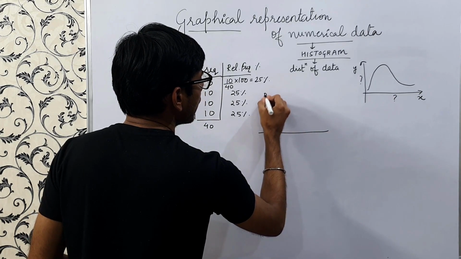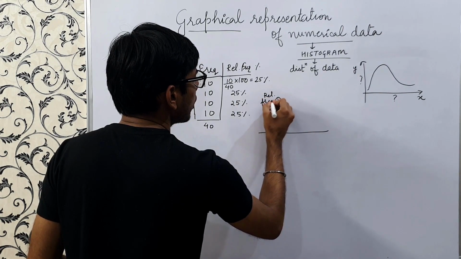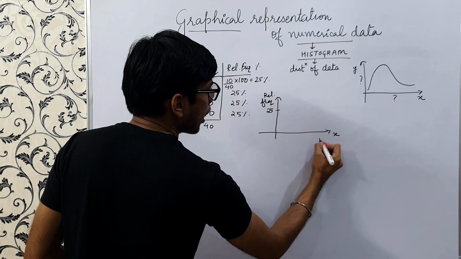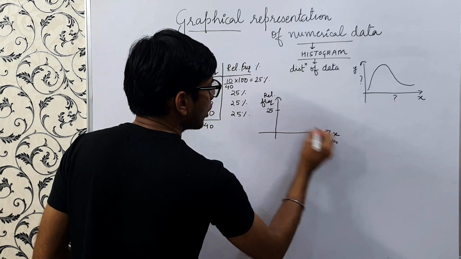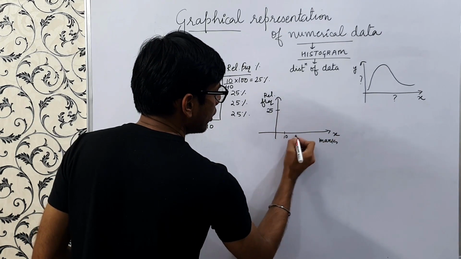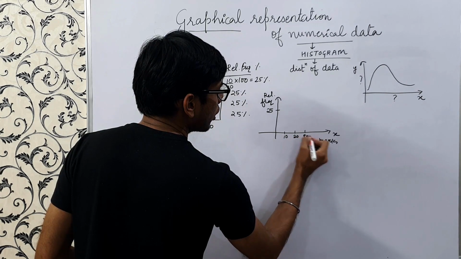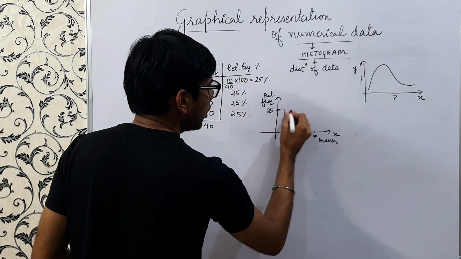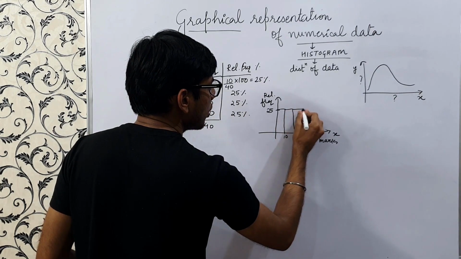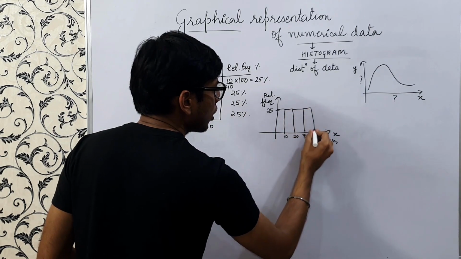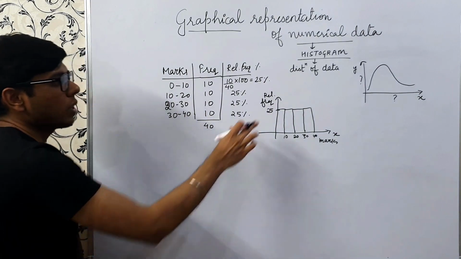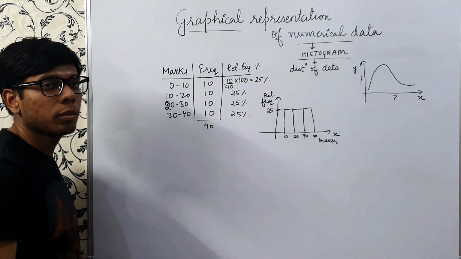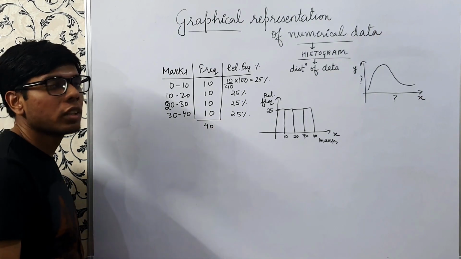This is relative frequency, and we need to label the y axis properly. X is marks, and here 10, 20, 30, 40. Then we'll draw bars whose heights represent the relative frequency. So this is the histogram for this distribution of the data.